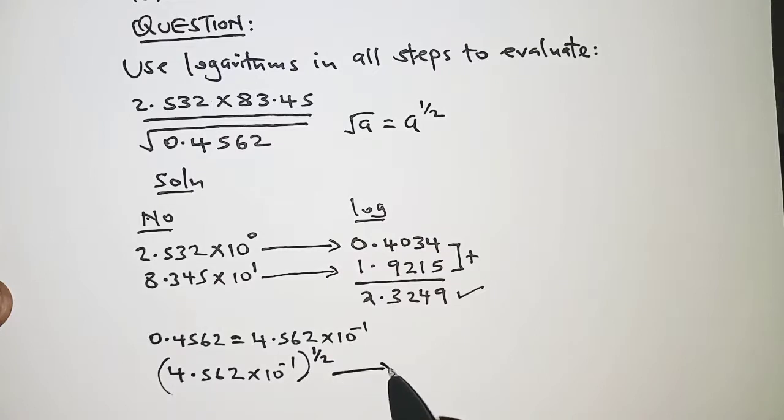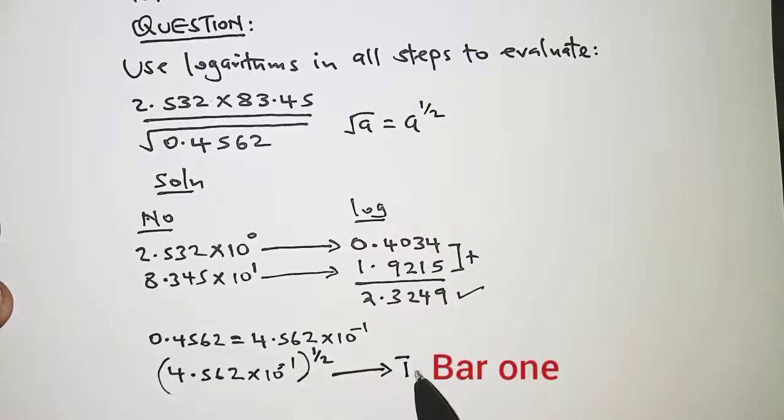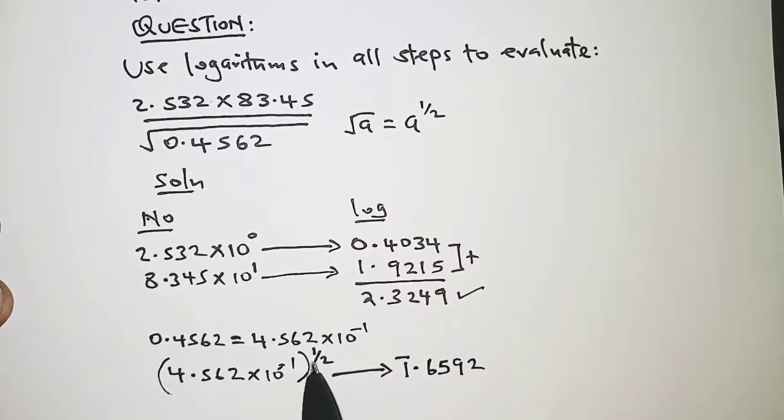Getting the logarithm of this, first we begin with the characteristic, which is the power of 10, and the negative 1 we write as bar 1 point, and then the mantissa part we obtain by reading the logarithm of 4.562 from the tables, and that correctly read should give us 0.6592, and because it's raised to power a half, we will multiply by a half.